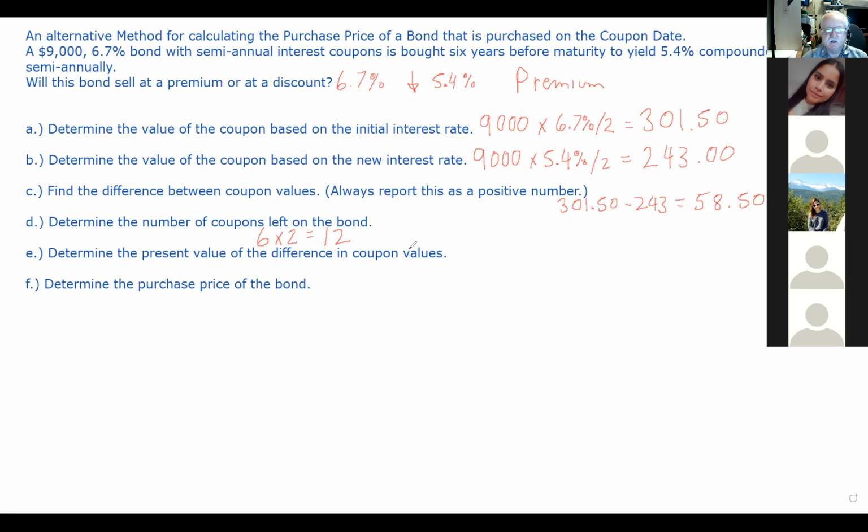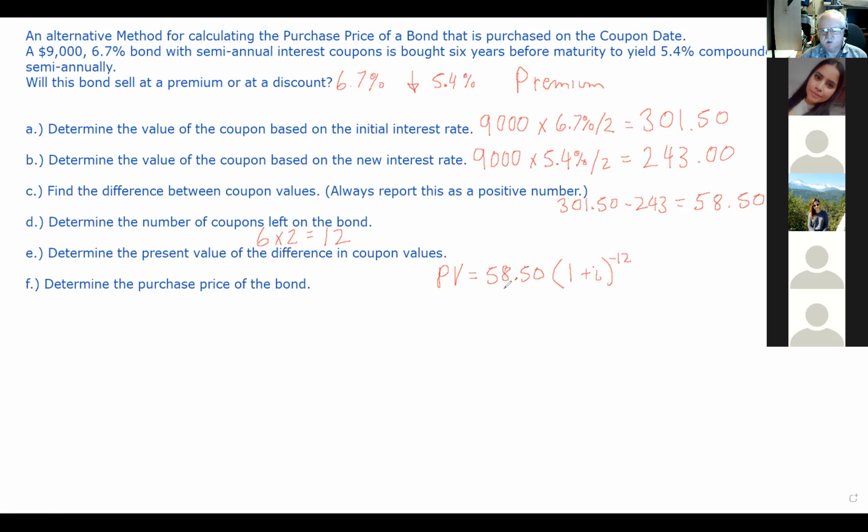Determine the present value of the difference in the coupon values. So what we're doing is the present value equals the 58.50 times 1 plus I to the power of negative 12, right?